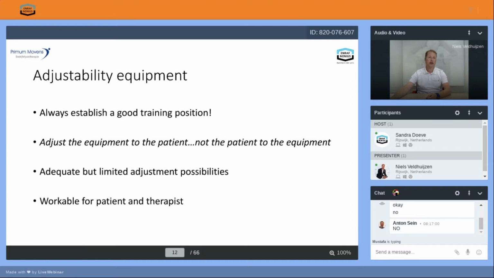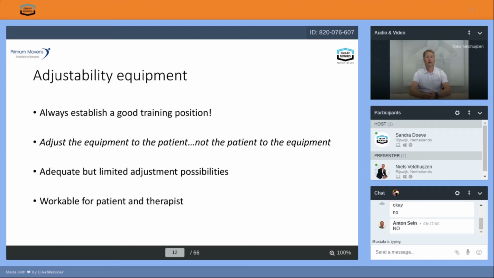Another thing that you should be aware of is the adjustability of the equipment. It's often forgotten, so you should always pay good attention to establish a good training position of the patient, because that has a huge effect on the outcome of your training.